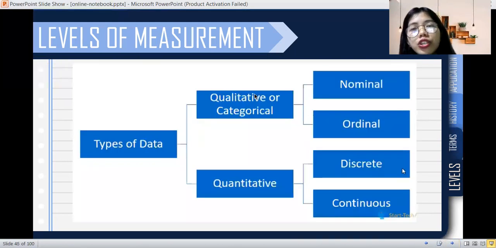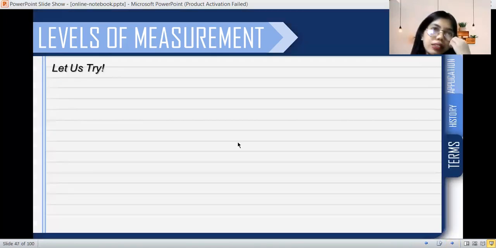Ayan po, here's a chart. We have the types of data, qualitative or categorical, and quantitative. Under qualitative, nade-divide siya sa two, nominal and ordinal, and sa quantitative naman is interval and ratio. Okay? Let us try again to answer this one.